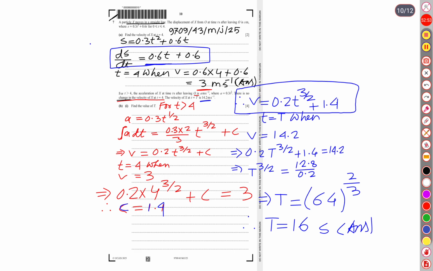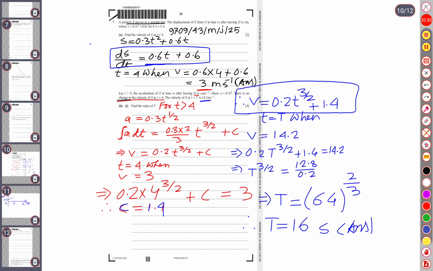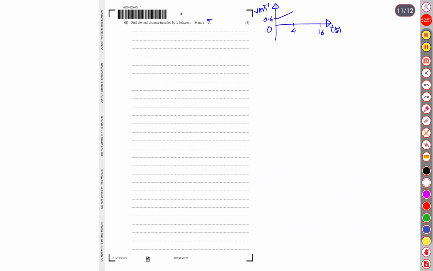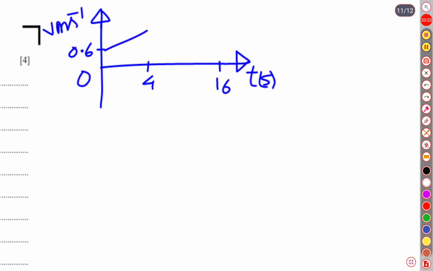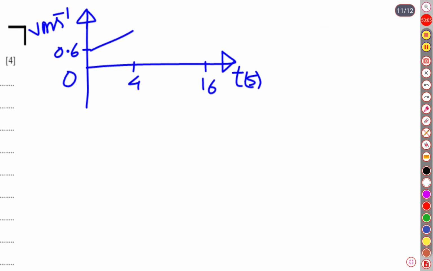Let us draw this. It continues until 16 seconds, and as it was positive, it will look somewhat like this, and we require it until 16 seconds. So the first part is our straight line, then the second part is a positive curve.